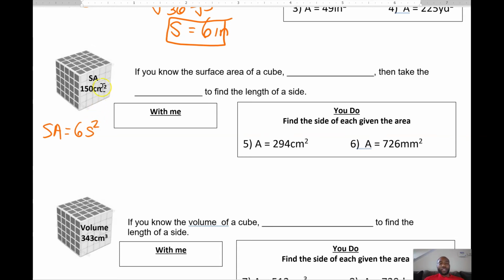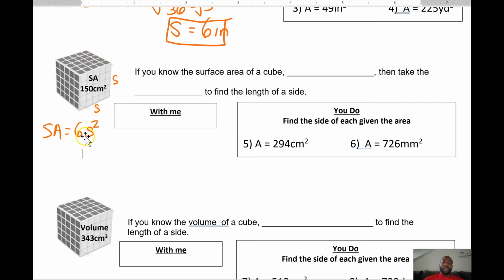So if I know that the surface area of this cube is 150 centimeters squared, that means that I've found the area of one face, and then I've multiplied it by 6 because there are 6 faces.